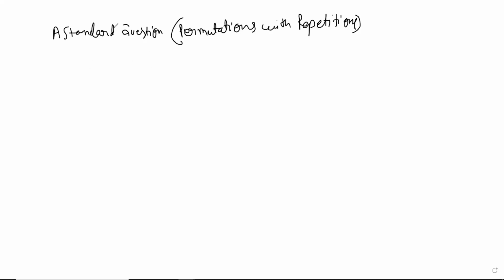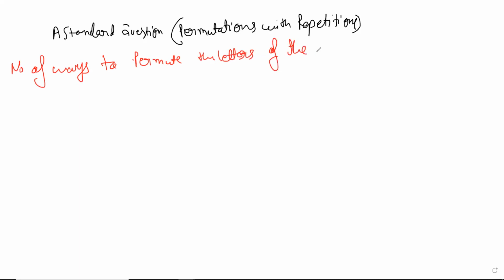So I can just take a very standard example. Number of ways to jumble up or permute the letters of the word Mississippi.